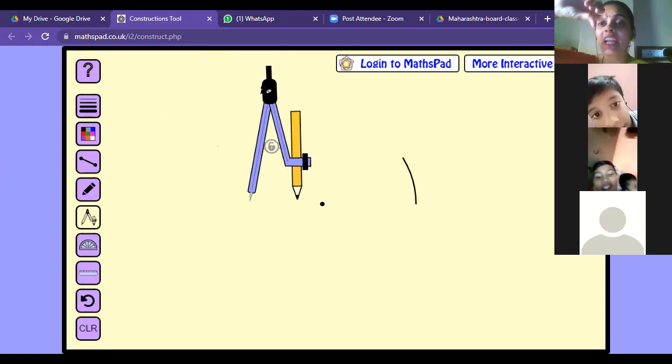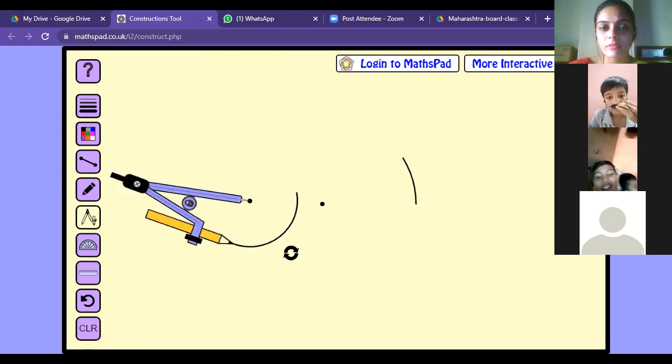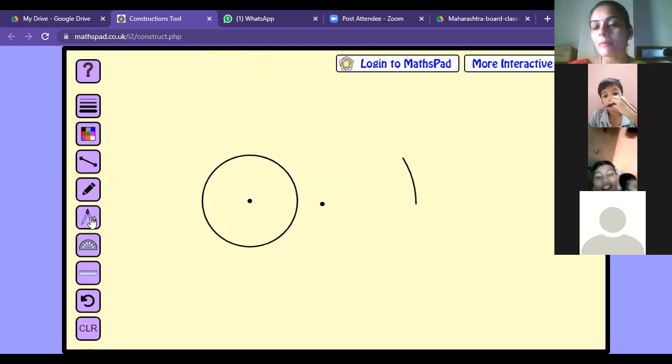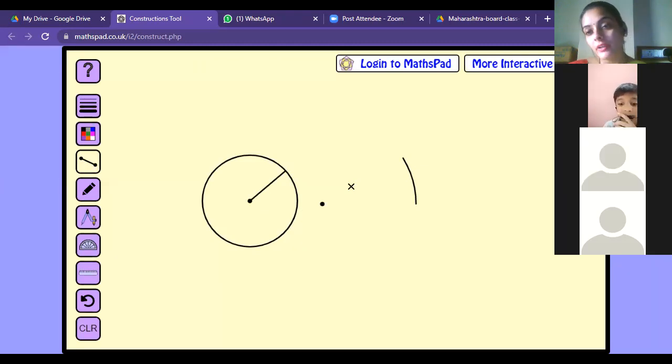We have to hold it at the top, here, and then rotate it. And this became our 2 centimeter circle. Clear, Ali? Clear, Bhavya? This is our 2 centimeter radius circle. Okay.